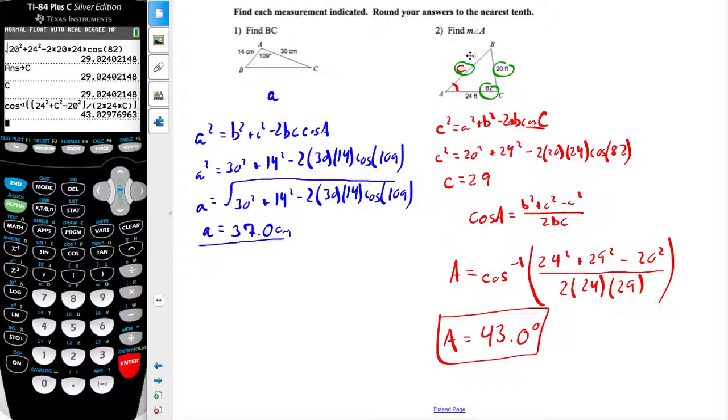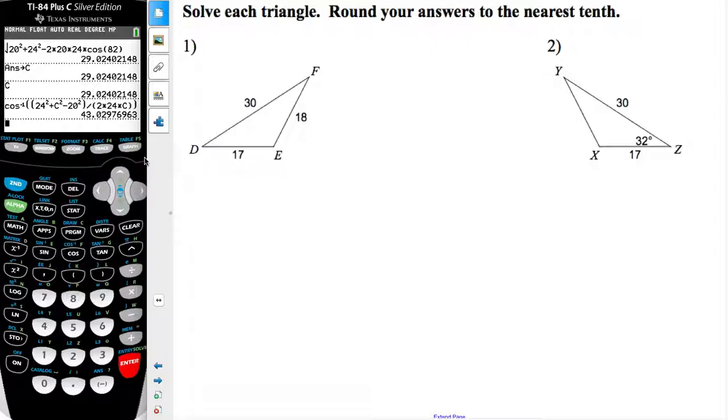So look at this. We have side, side, angle. That's the ambiguous case. So we need to be careful about that and not use the law of sines. So if I used the law of sines here, I would have gotten the wrong answer if I used that information. So my best advice is once you're using law of cosines, just stick with law of cosines. You won't get the wrong answer.